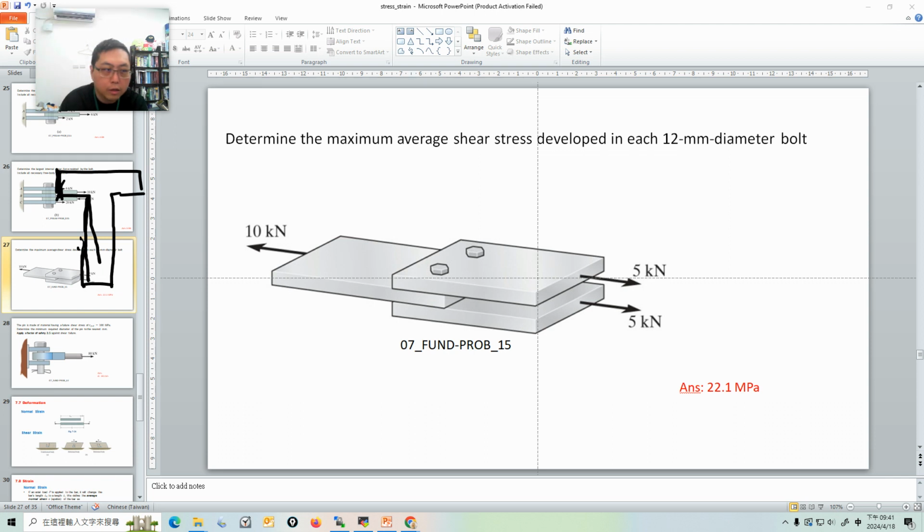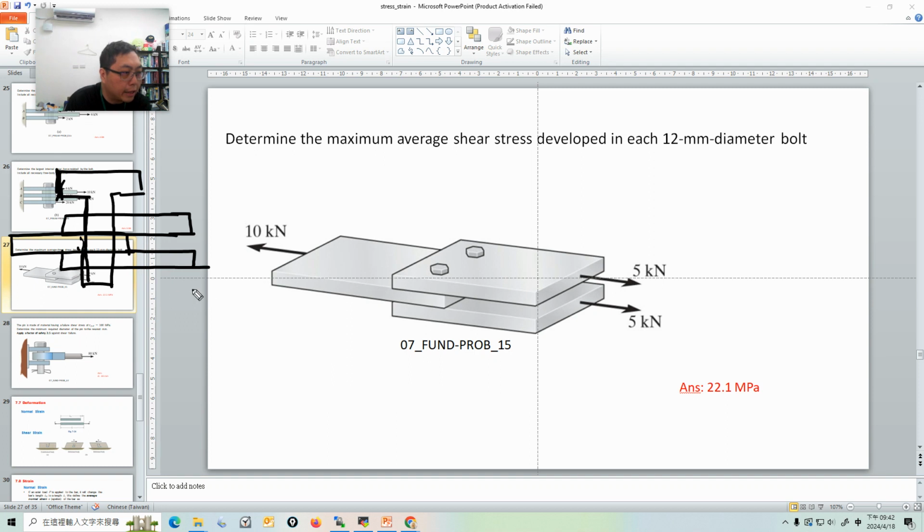This bolt holds three pieces. The first piece is here, the second piece is here, and the third piece is here.